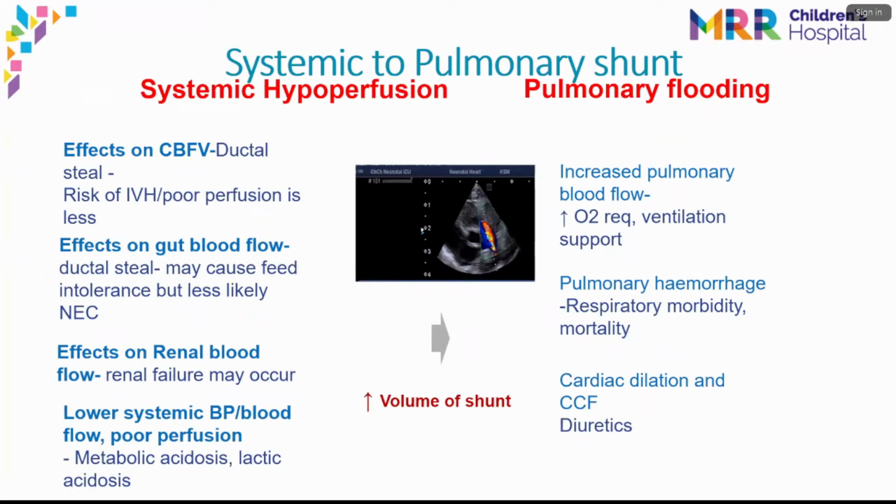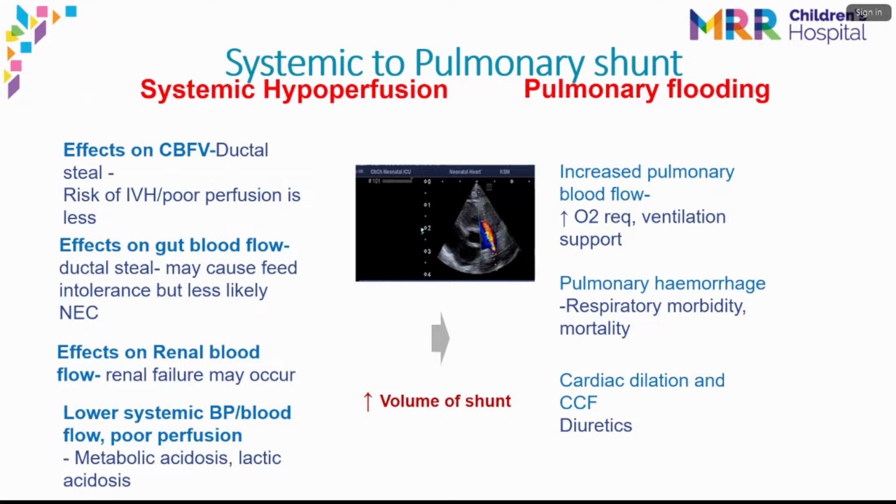For a systemic to pulmonary shunt, there is systemic hypoperfusion, leading to effects on cerebral blood flow, the ductal steal phenomenon. The risk of IVH and poor perfusion in term neonates is less. Effects on gut blood flow: ductal steal may cause feed intolerance, but is less likely to cause NEC in term neonates.